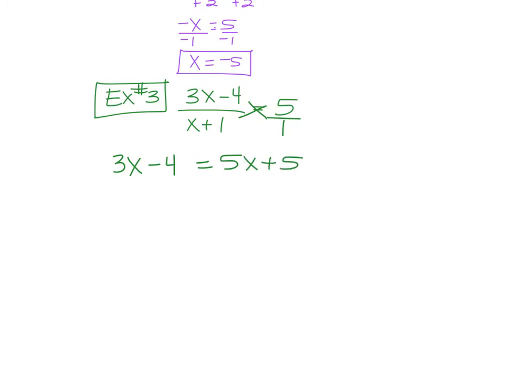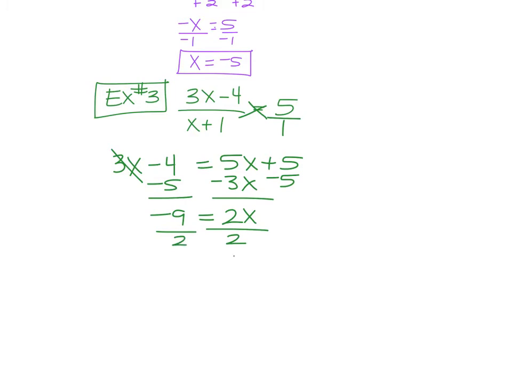Move the 3x over. You get 2x. Move the 5 over. You get -9, and then divide by 2. So x would be, you can call it -9/2, or you can call it -4.5. I kind of like decimals better, so I would call it -4.5.